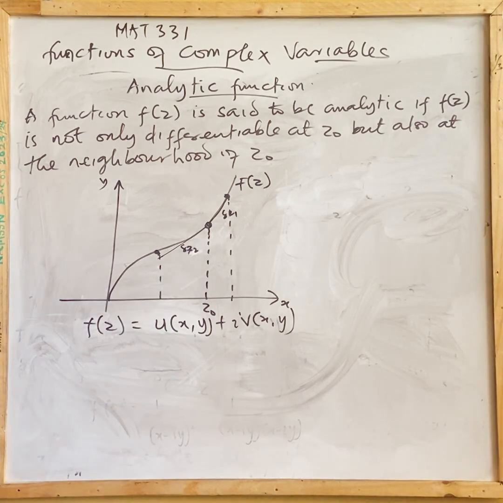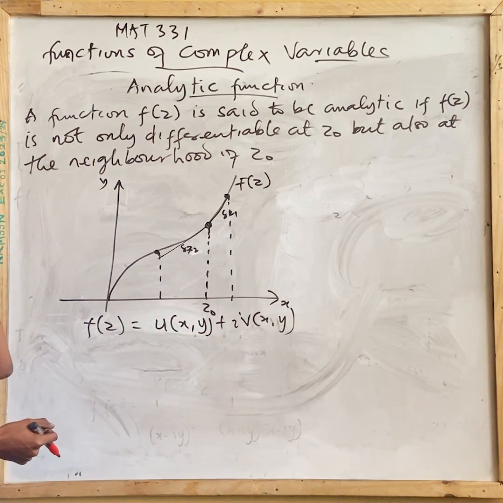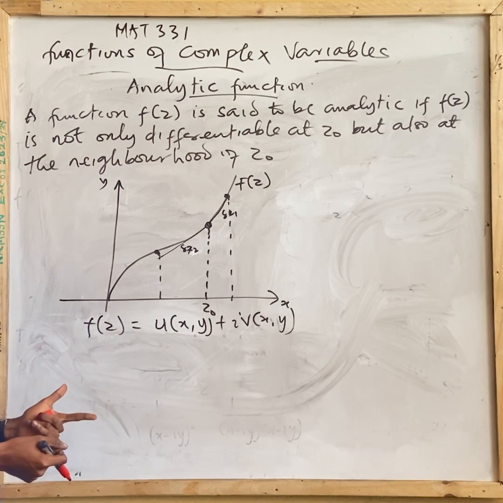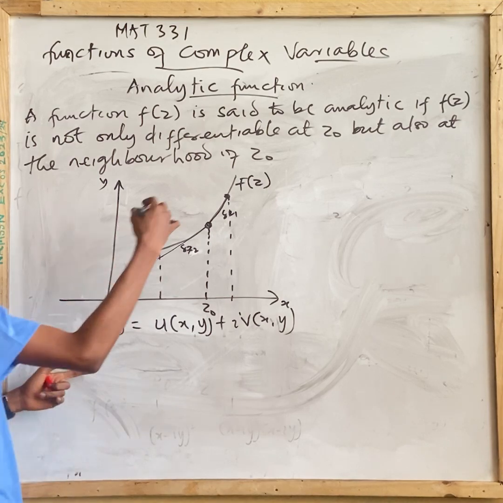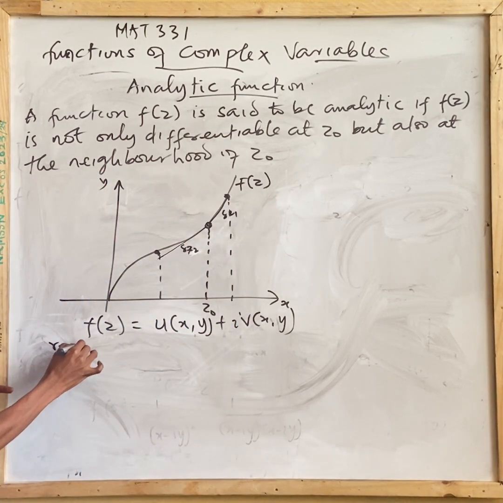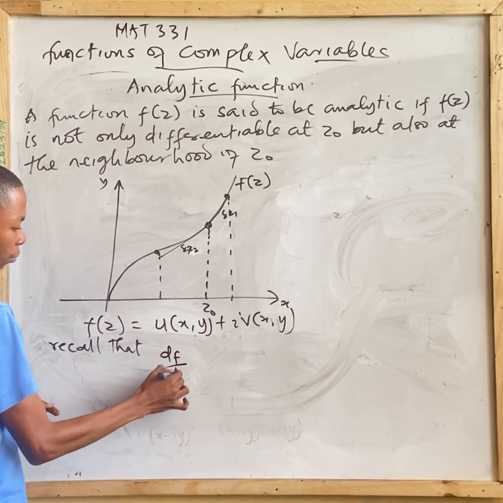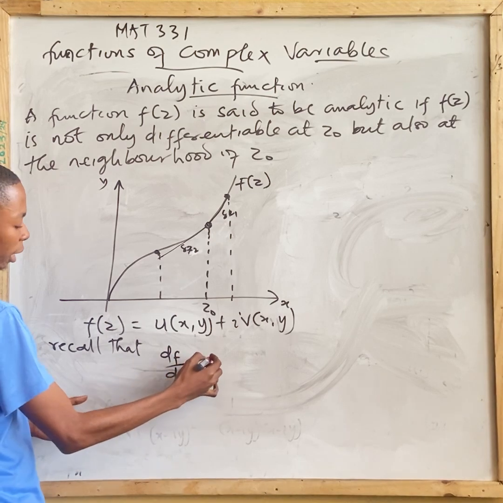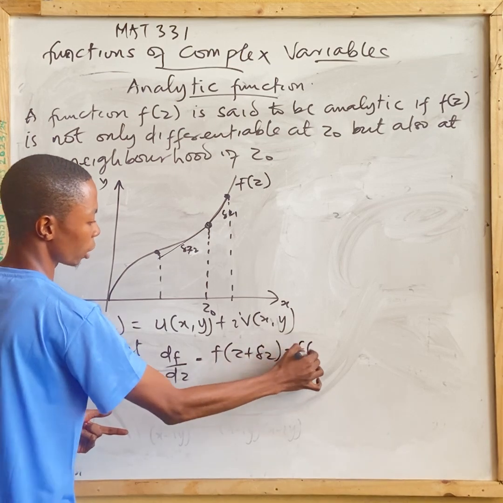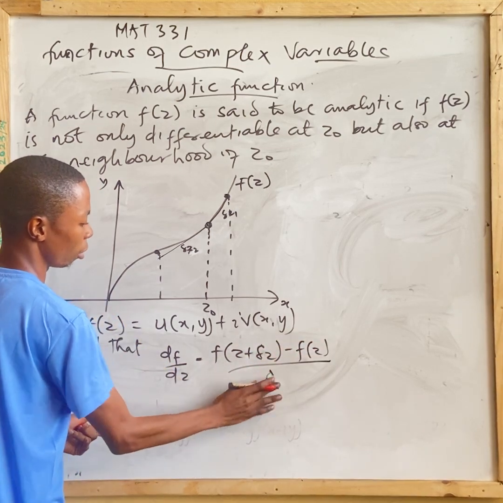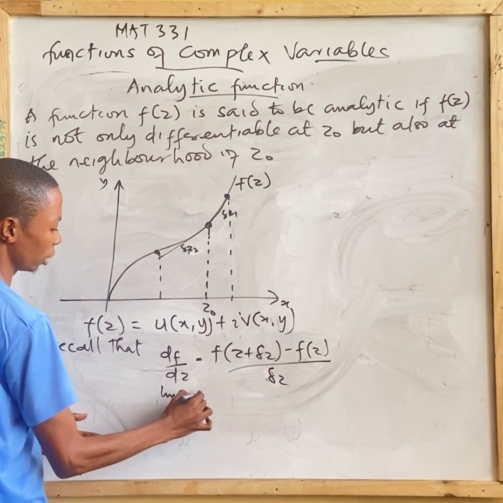How do we normally differentiate from first principle? If y equals something, you add an increment to both sides. Now, I will try to differentiate this equation partially with respect to the variables. So first, recall that df/dz, for example if I want to differentiate the function with respect to z, equals f of z plus dz minus f of z, divided by dz, as dz tends to 0.